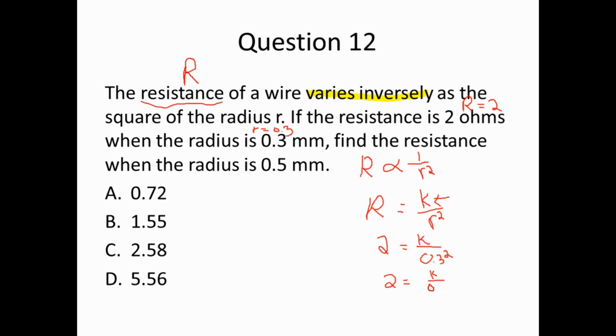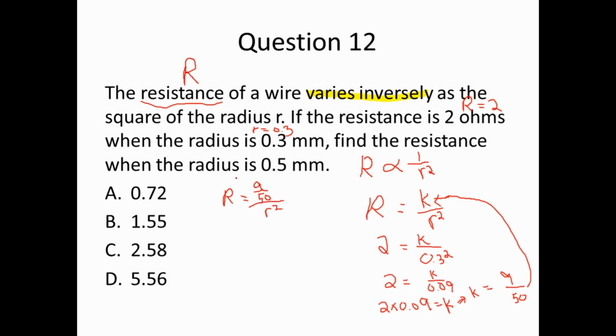0.3 squared is equal to 0.09. So 2 times 0.09 equals k. Therefore, k equals 9/50. Okay, we put back the value of k into this equation, so capital R equals 9/50 over r squared.